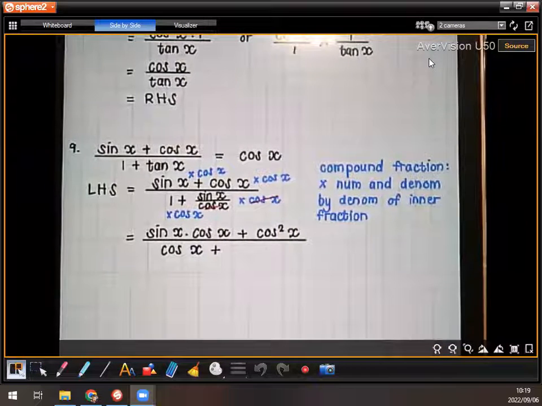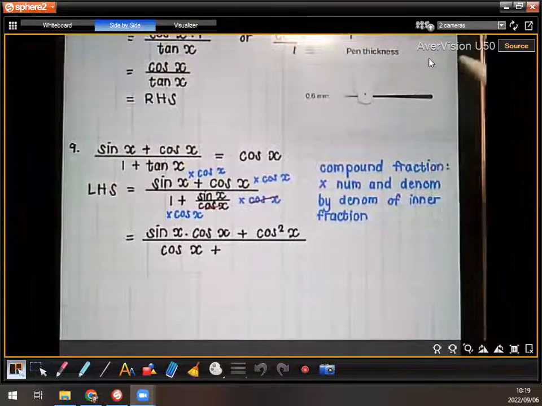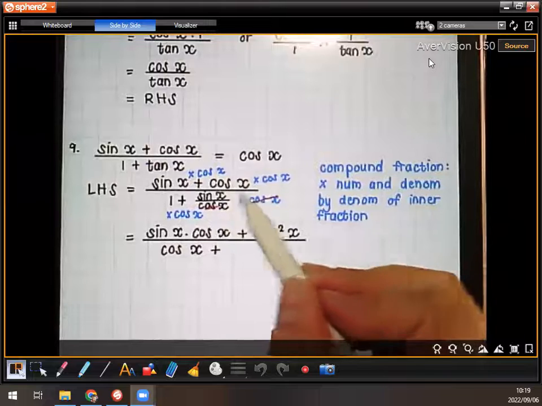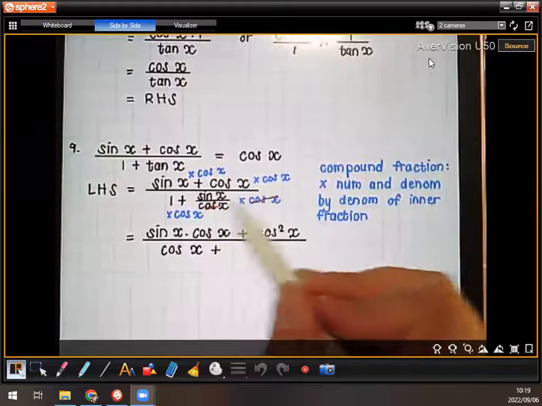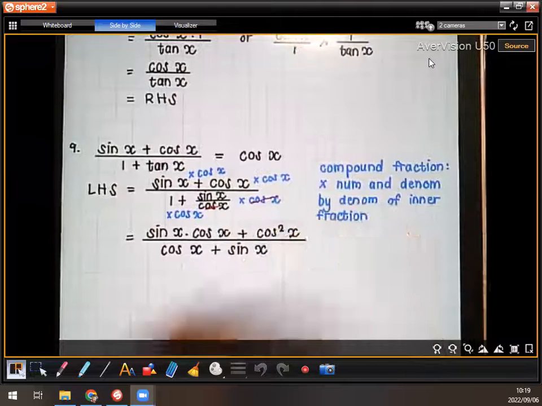So that's why we multiply by that denominator so that it can cancel it out. So from that term, sin x over cos x times cos x, because the cos x's cancel each other out, I'm just left with sin x.